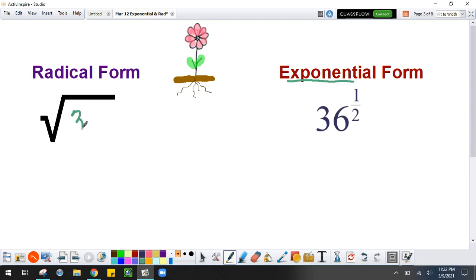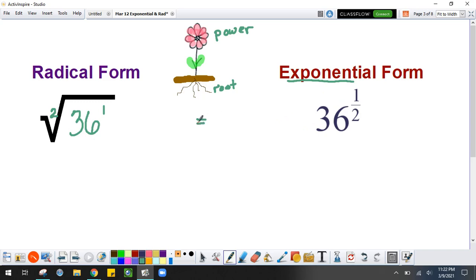So 36 to the 1 power, or first power. And we know from past experiences, you do not have to write that 1. And then 2 is below ground. It is the root. The root is below ground, and the power is up like the flower power. So here's our 2.